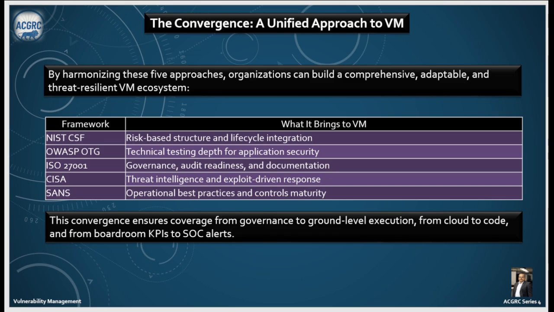ISO 27001 is about governance, audit readiness, and documentation. CISA, threat intelligence and exploit-driven responses. SANS, operational best practices and control maturity. This convergence ensures coverage from governance to ground-level execution, from cloud to code, and from boardroom KPIs to SOC alerts.